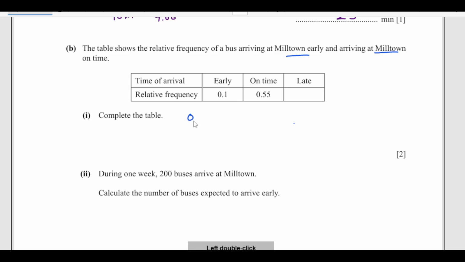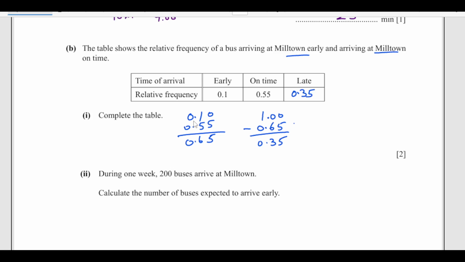So we are going to add 0.1 and 0.55, which is 0.65. So total of the frequencies is 1, so we will subtract it from 1, which is 0.35. So 0.35 is the relative frequency of getting late.